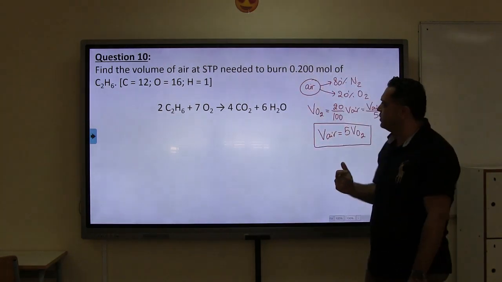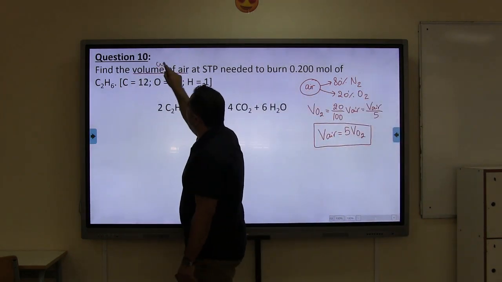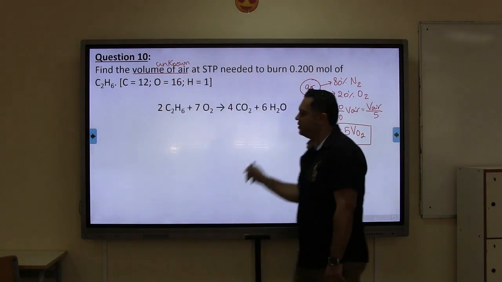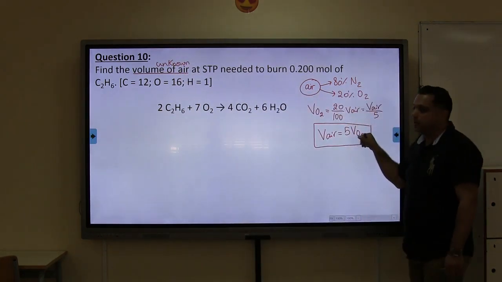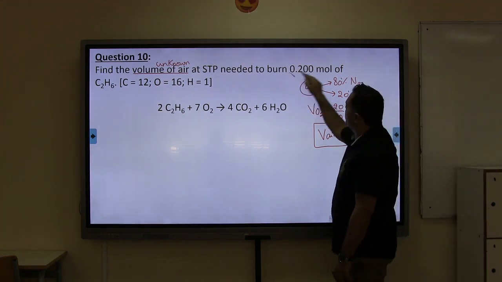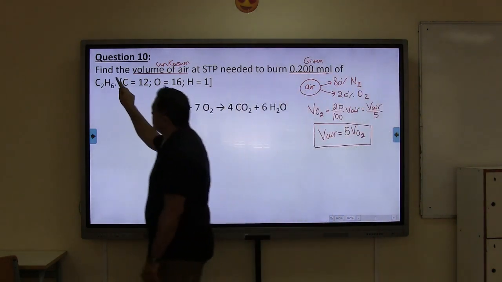Since I want to find volume of the air, which is unknown, I need first to find volume of oxygen, because in the reaction here I have oxygen. And the 0.2 mole will be given for C2H6.